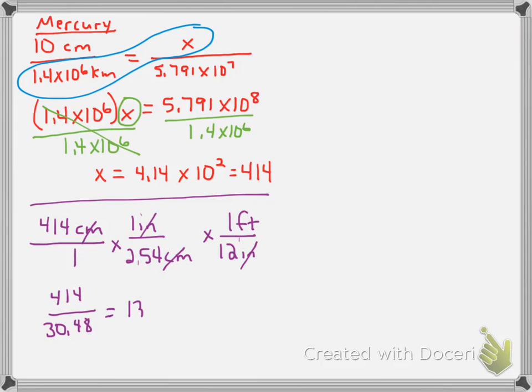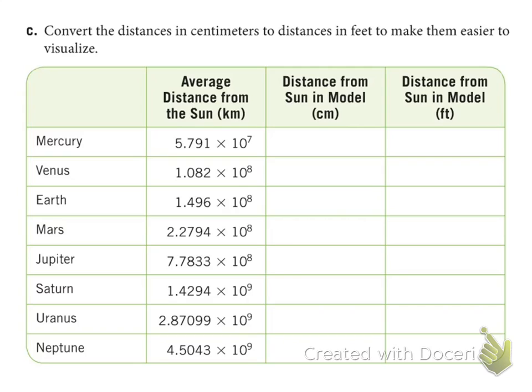Okay, 13.58. Now if you round to the nearest whole foot, what would it be? 14 feet. So back to our table. We have 14 feet.